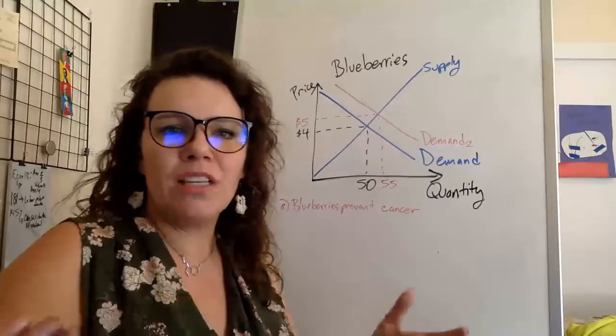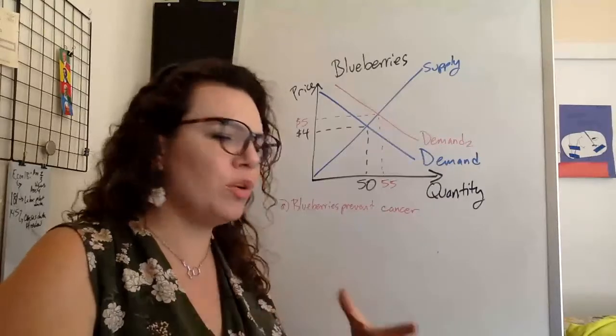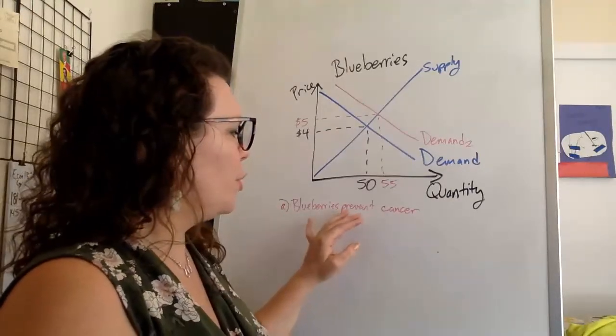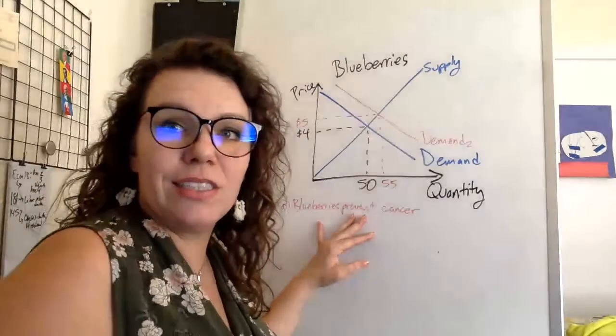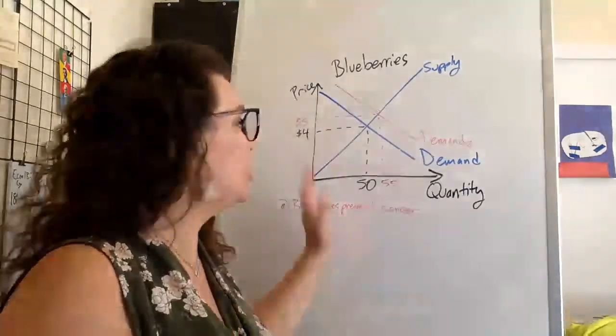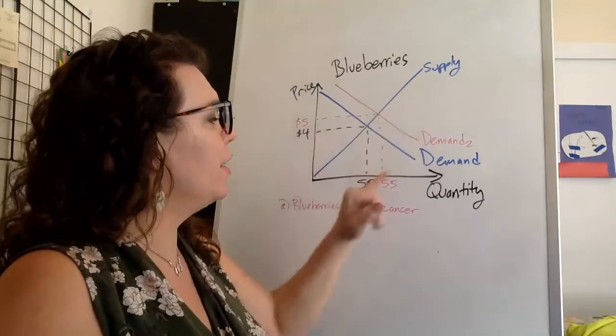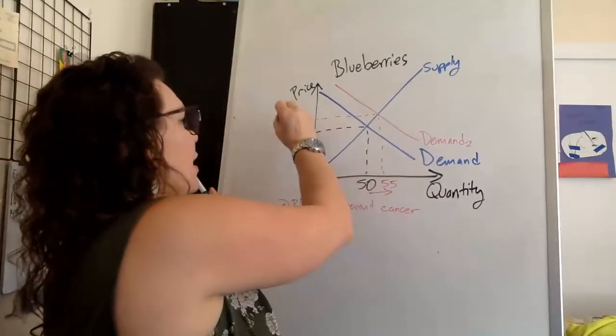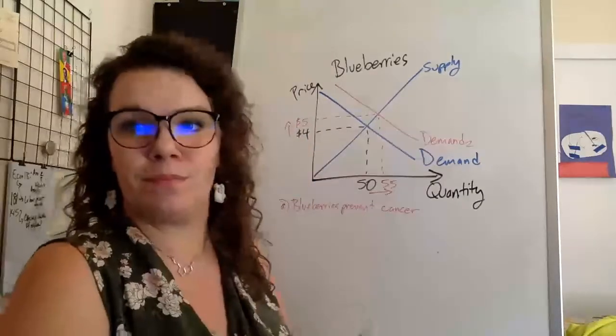You can pick a price, you can not pick a price, totally up to you. The important thing here is that the news that blueberries prevent cancer is a demand determinant. It's going to shift demand out to the right, raising the quantity and price in equilibrium. Cool?